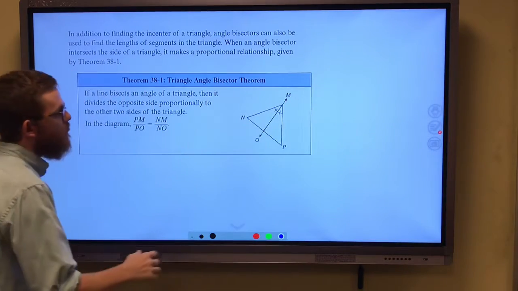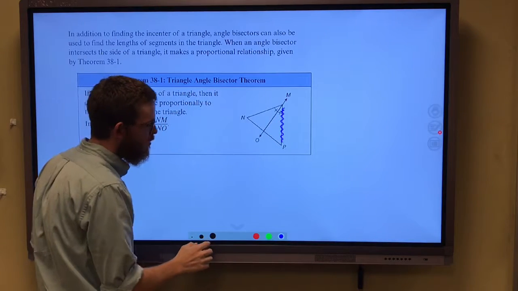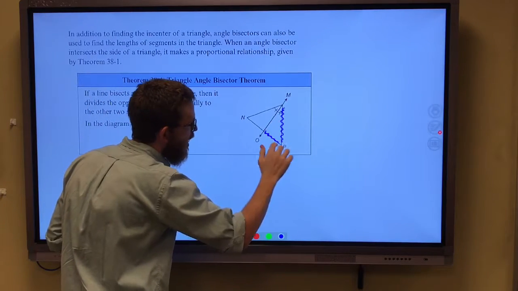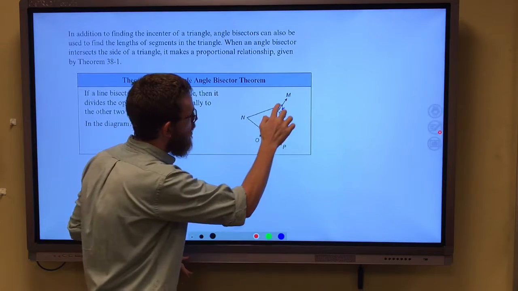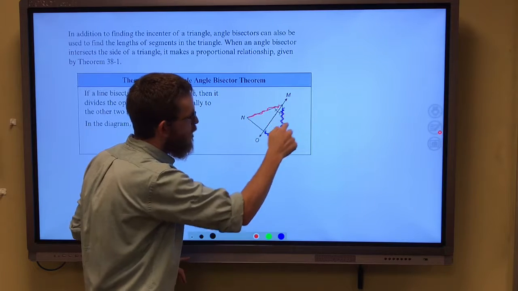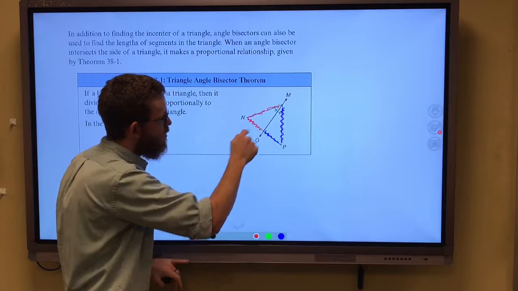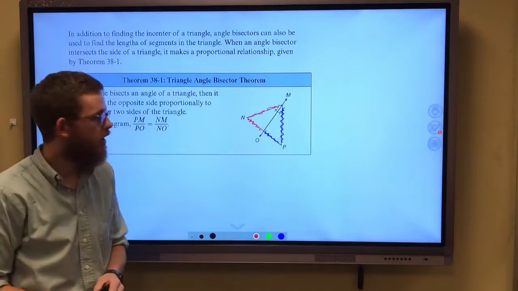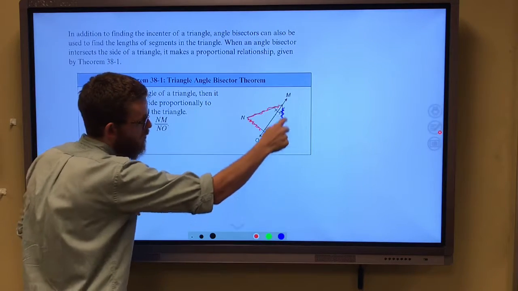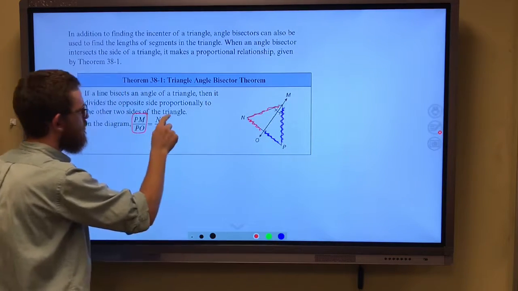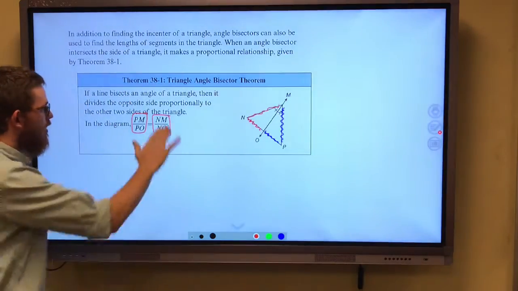This says that this side of our triangle over here, over that piece of this side, the ratio of those two is going to be proportional to the length of that side over there to the length of the smaller side down there. Notice PM over PO equals NM over NO, okay?